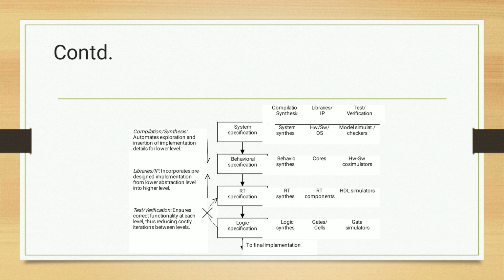To understand how to improve the design process, we must first understand the design process itself. Variations of the top down design process have become popular in the past decade.